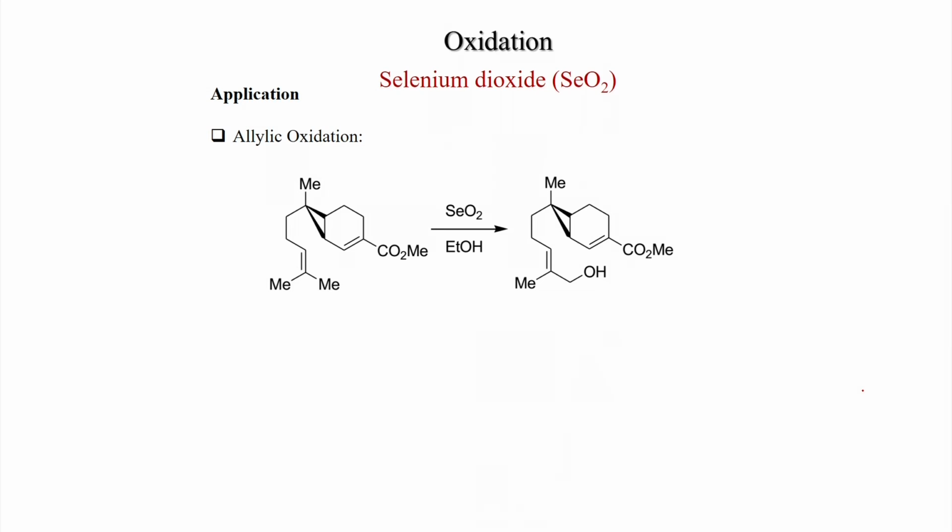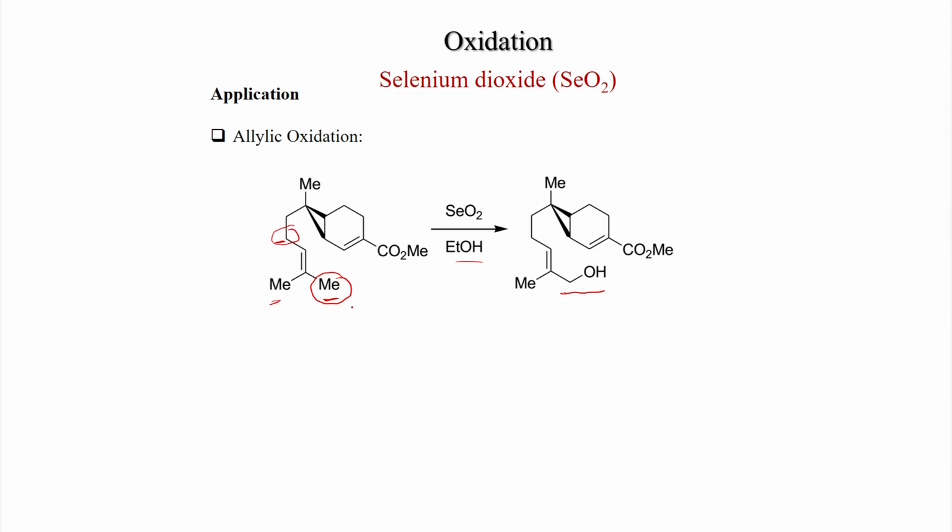Like this allylic system, there are 3 allylic carbons, this methyl and this CH2 group, and if you put selenium dioxide in ethanol, you get selectively this methyl going to the CH2OH group. So, this is very important. The group which is getting oxidized is trans to this group.